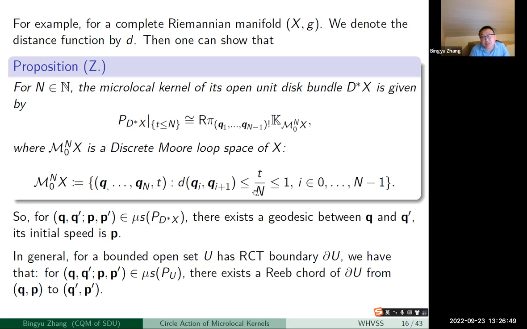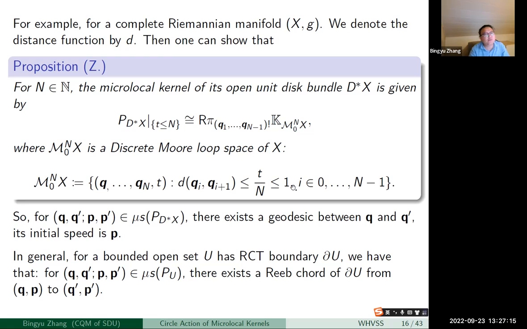In particular, it means that we have a sequence of points Q0 to Qn, such that the distance between every pair Qi and Qi+1 is smaller than or equal to d divided by n.